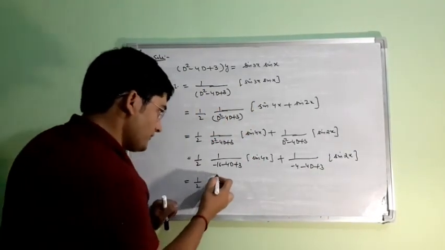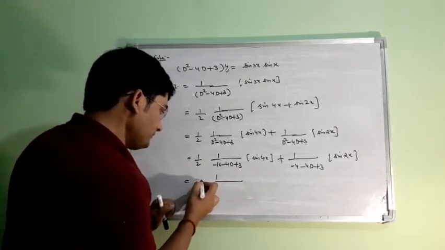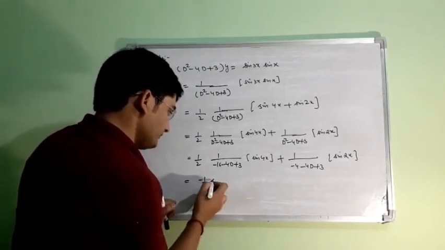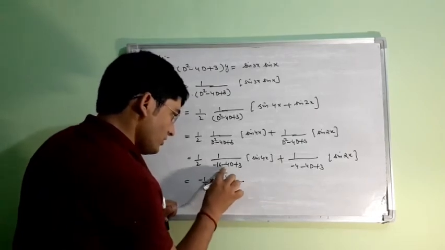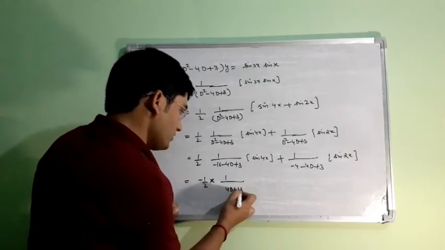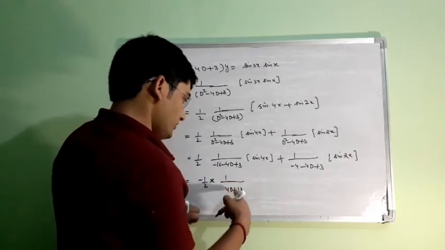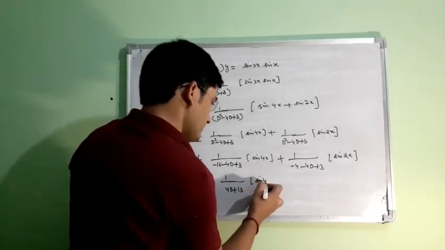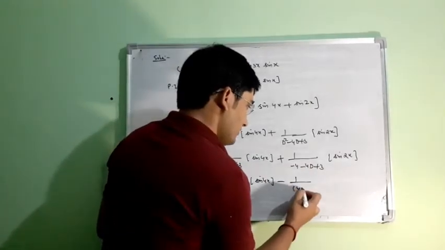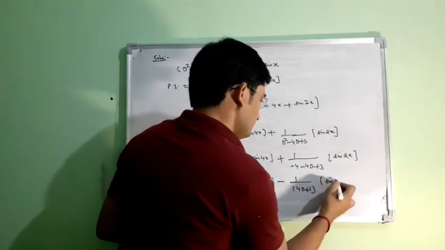So this is equal to, let us take this minus sign common, so we will have minus 1 by 2 into, now this will be minus 16 plus 3, so this will be minus 13. We have already taken the minus sign common, so this will be 4D plus 13, and in the bracket we have sine 4x. And here if we take the minus sign common, then we have 4D plus 1 of sine 2x.